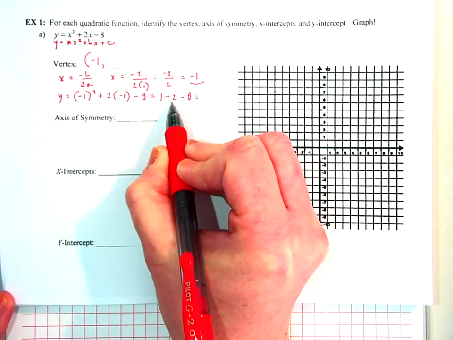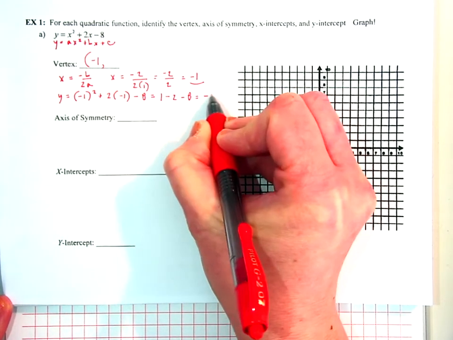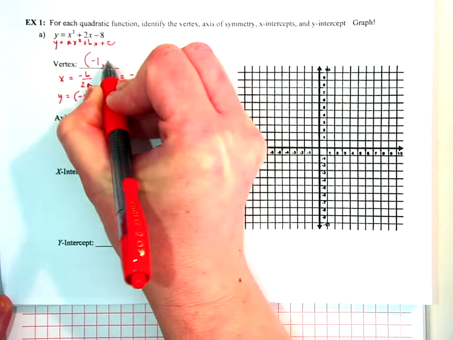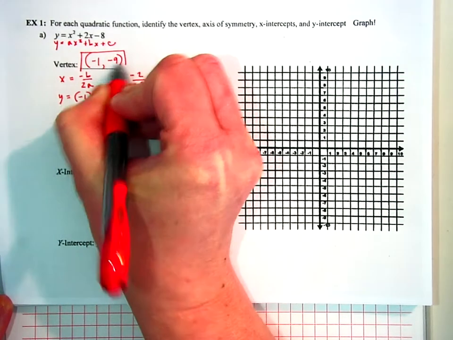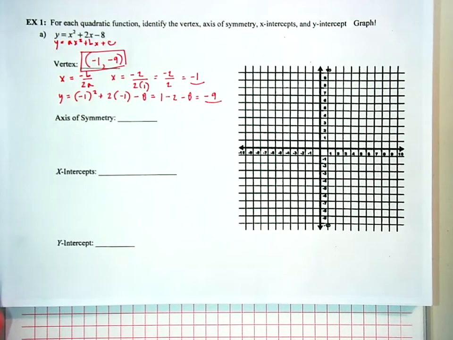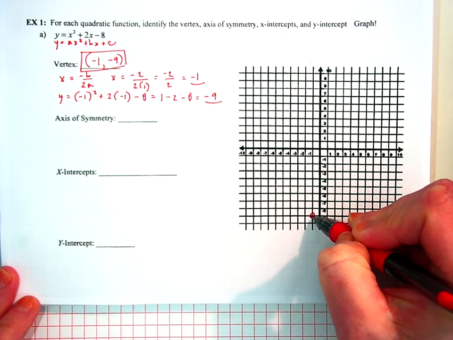So 1 minus 2 is negative 1, minus 8 is negative 9. So here's the location of my vertex, negative 1, negative 9. So if I add that to my graph, negative 1, negative 9 is right here. Big old dot for the vertex.